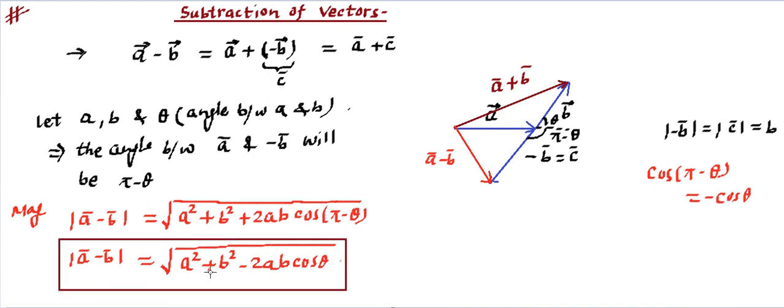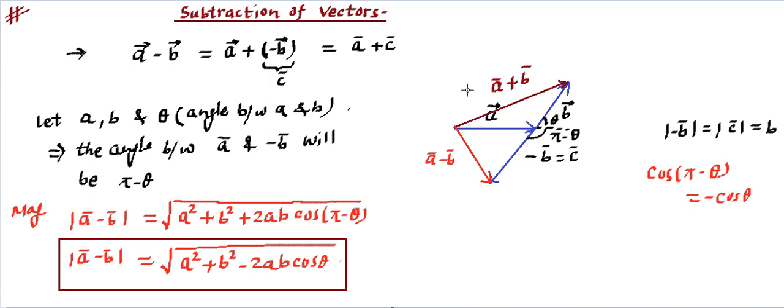So the difference of two vectors a and b is given as square root of a square plus b square minus 2ab cos theta, where theta is the angle between vector a and vector b, right? And what is the angle between vector a and vector minus b? It's pi minus theta. So this is how we can get the value of the magnitude of subtraction. Again, this subtraction is going to be a vector, which is given by this picture, right? Moreover, we can also talk about what angle they are going to make.